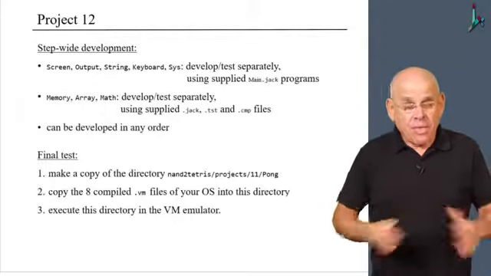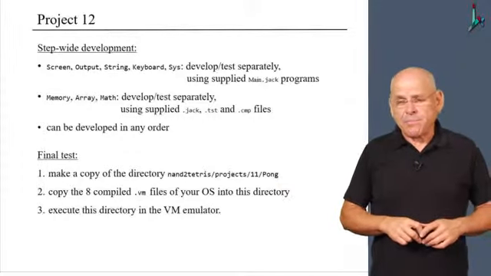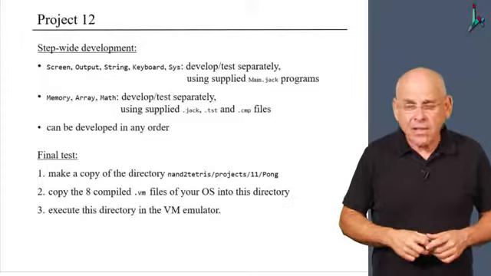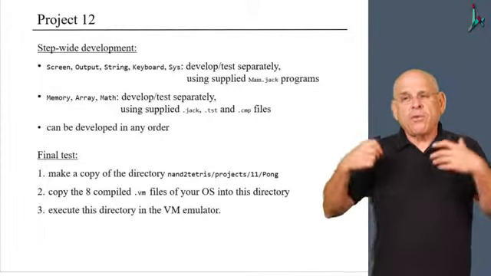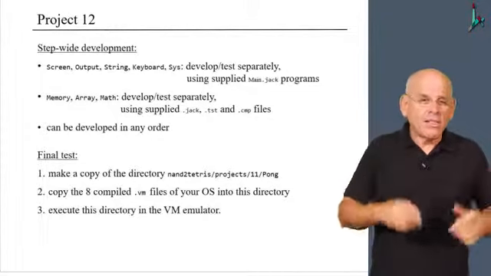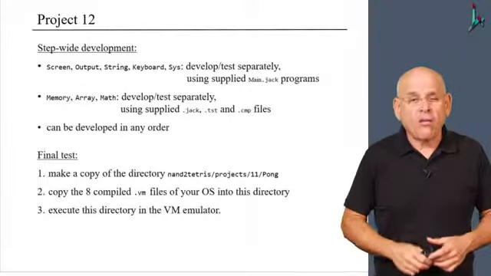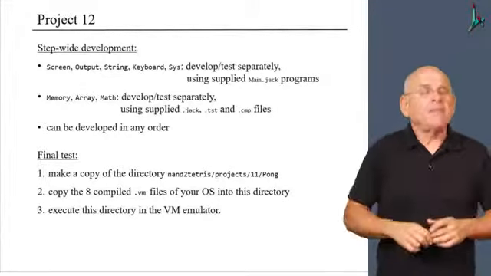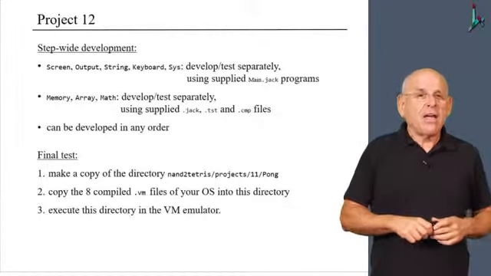And once you're done with these 8 classes, we request that you do a final test. And the final test will be to test the operating system that you developed in the context of a Pong application. And if you read the steps here, they will tell you exactly how to do it.